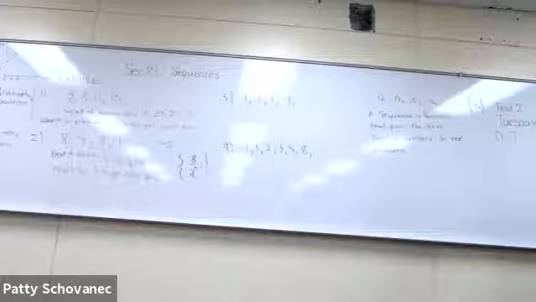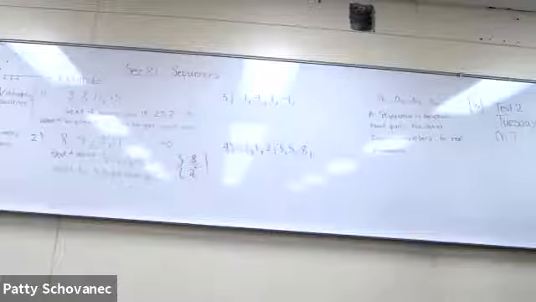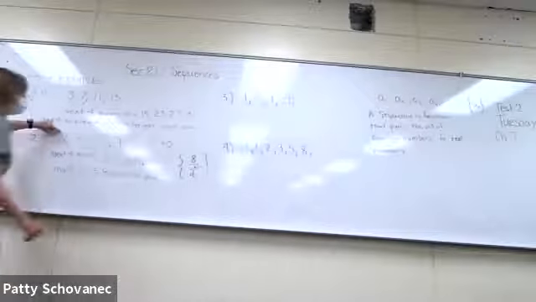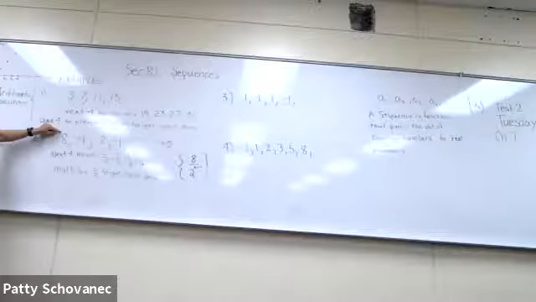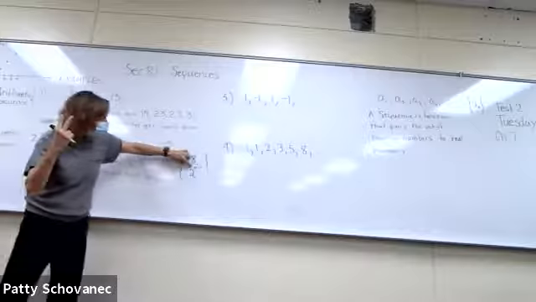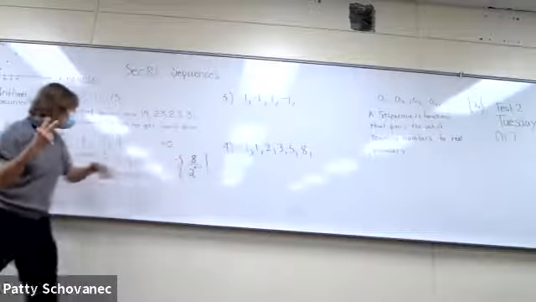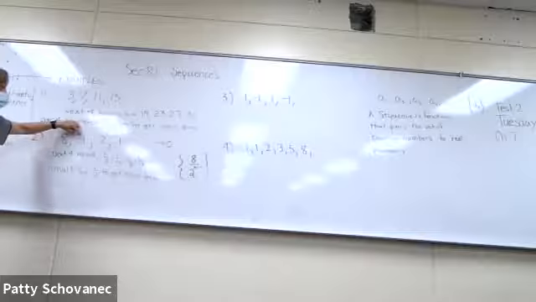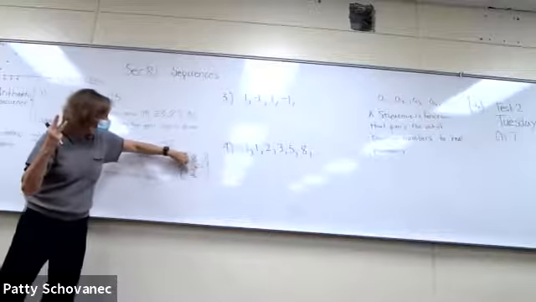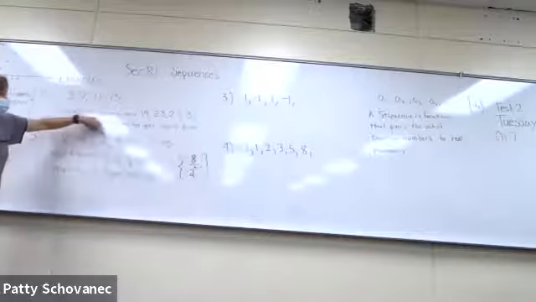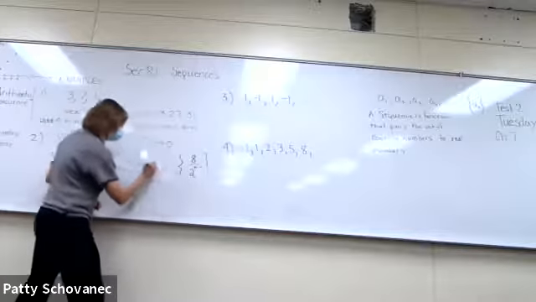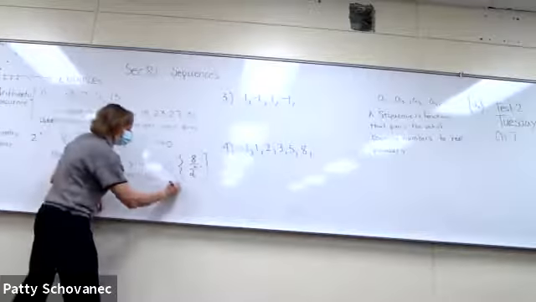If n is 1, I have 2 to the 0 on the bottom. 2 to the 0 is just 1, so that gives me 8. If n is 2, I have 2 to the first power, so 8 divided by 2 gives me the 4. If n is 3, 3 minus 1 is 2, so I'm dividing by 4. 8 divided by 4 is 2. So here's an example of something called a general formula for this sequence.